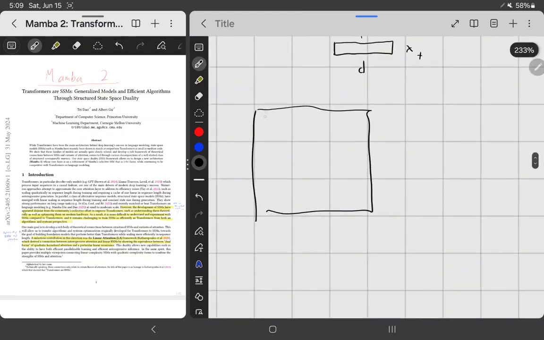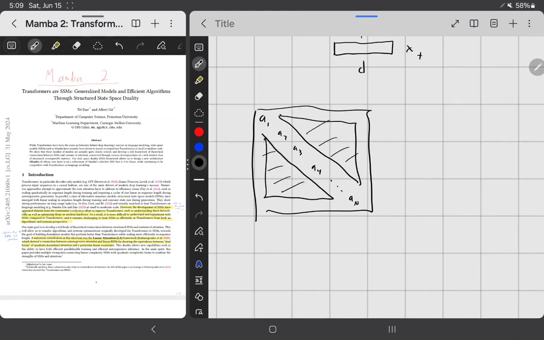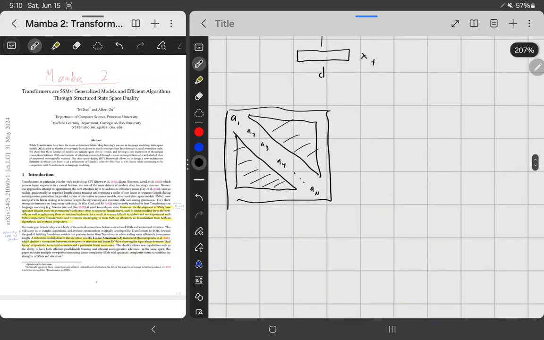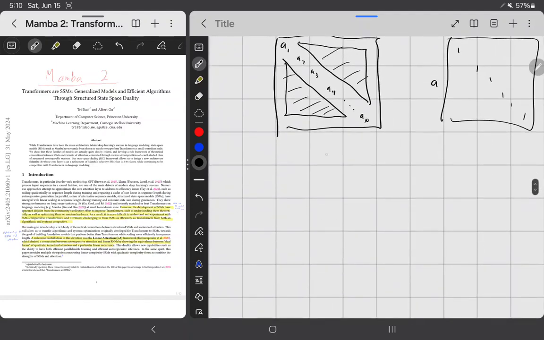So this will give us A1, A2, A3, A4, and so on, AN, and the rest are zeros. So the upper triangle is zeros, and the lower triangle is also zeros. This is what we're going to transform it into. It can also just be some value A times the identity, 1, 1, 1, 1, 1, 1. So we're just going to represent this matrix as a single scalar.